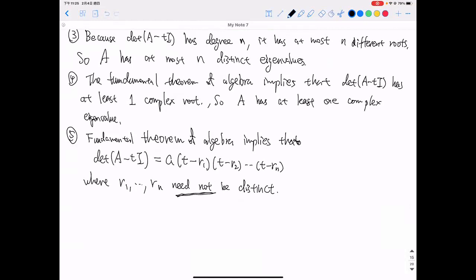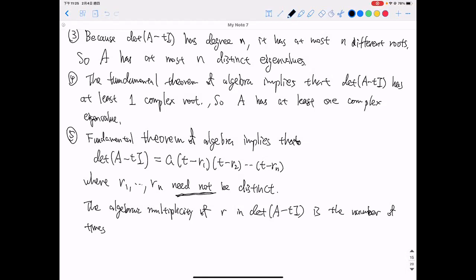Now the algebraic multiplicity of a root in this polynomial is the number of times the factor t minus r occurs in here.